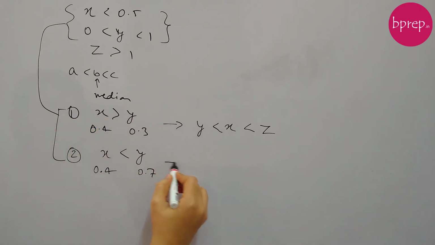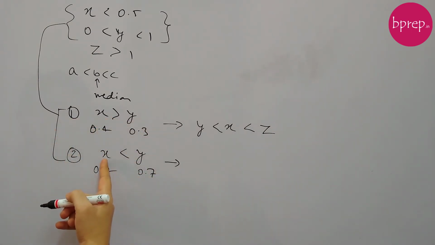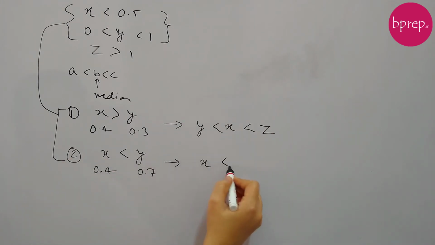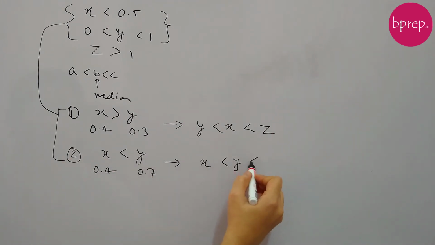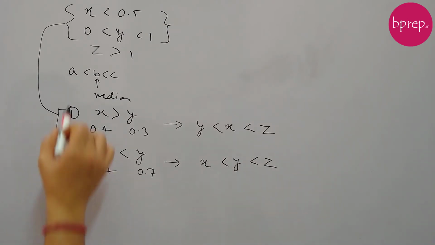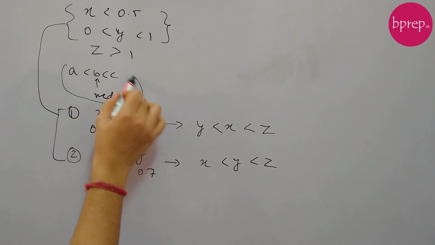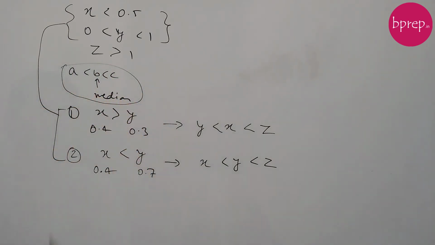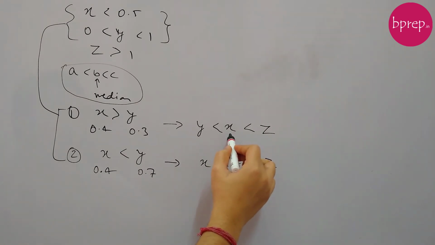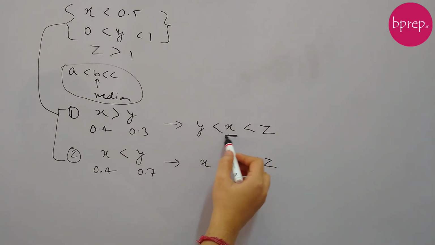If the second condition is true, then x will be the smallest one, then y, and then z always, because z is greater than x and y both. According to the definition given in the question, if three numbers are arranged in ascending order, then the middle term is the median. Now we have arranged these three numbers in ascending order. So in the first case x will be the median and in the second case y will be the median.